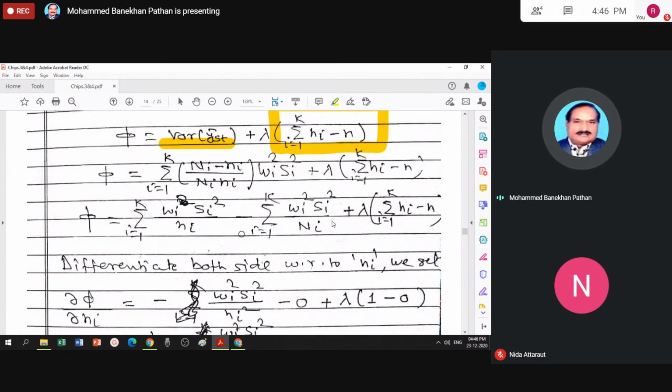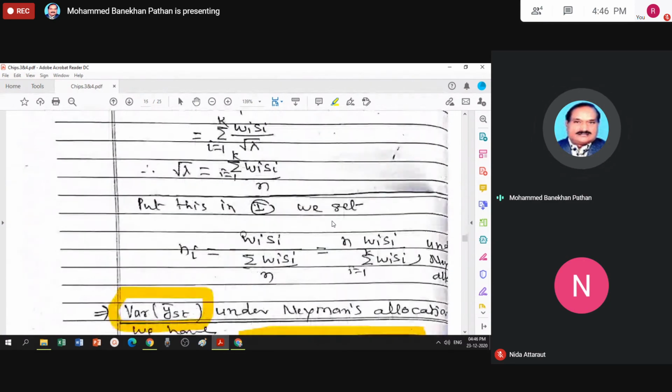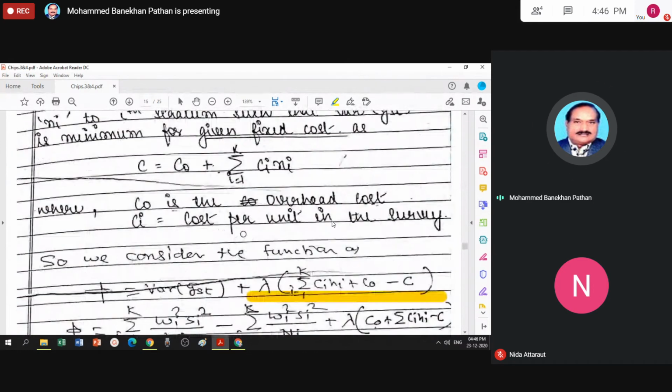So the procedure is parallel. Only now the bracket I have to change, and that change is due to the condition that I want to fix my cost of the survey. So what I do, I take this C on the right side minus C. When I take this on the right, it becomes 0.